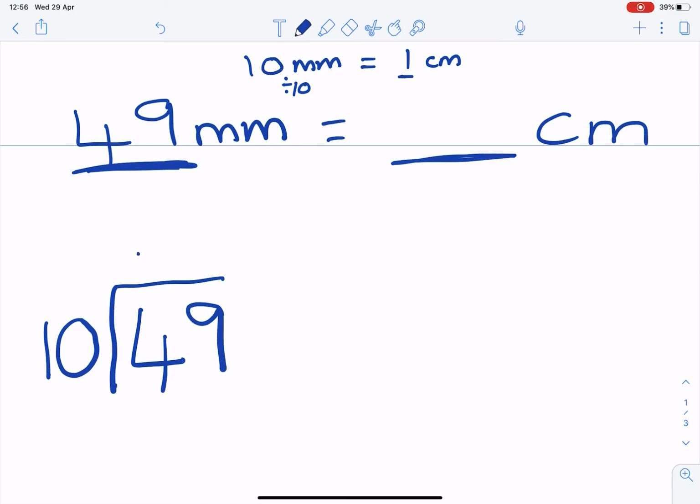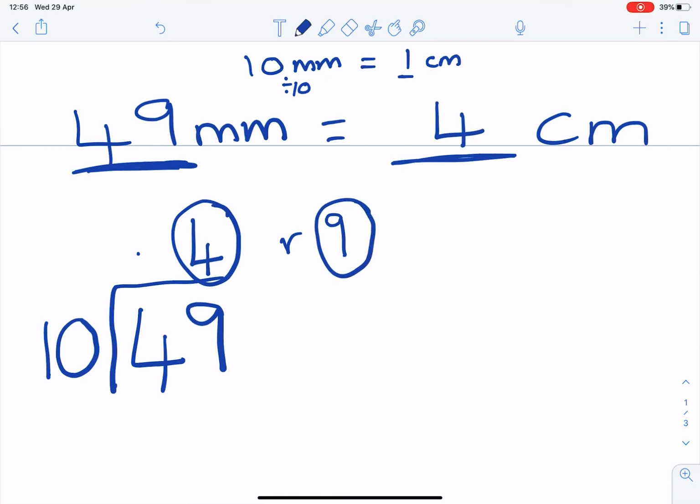Ten into 49 goes 4 times, and there is a remainder of 9. So we have 4 centimeters, but these 9 are leftover millimeters. There are not enough of them to make 1 centimeter. So our answer is going to look like this: 4 centimeters and 9 millimeters.